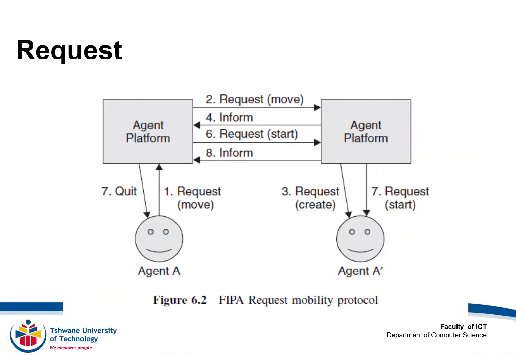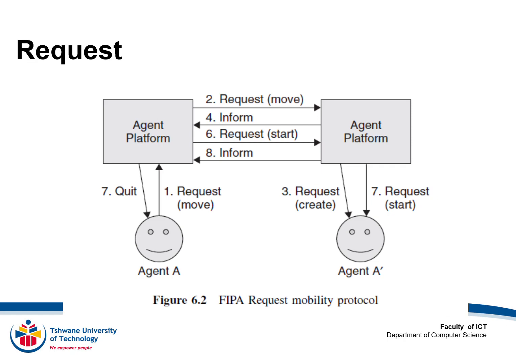Let's look at the FIPA request I've just spoken of. You start at agent A and request a move, which goes to the agent platform, and then you send the request move to that particular platform, and it requests the creation. Then it informs the agent platform for agent 1, which is step number 4.